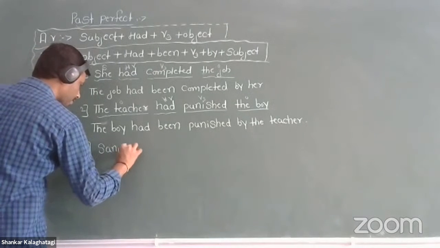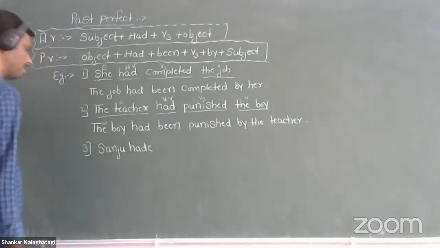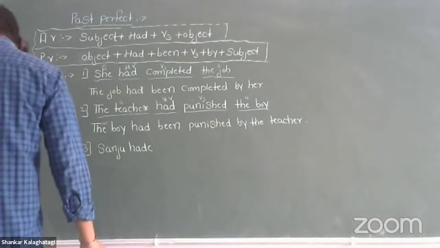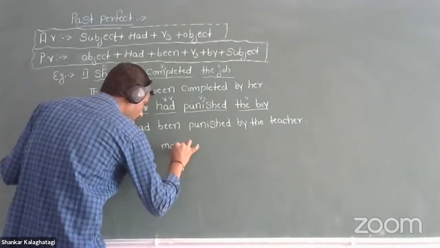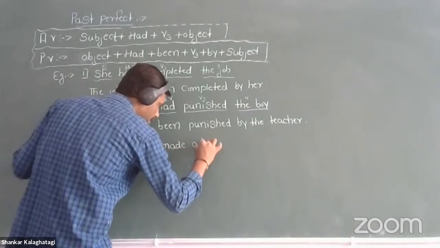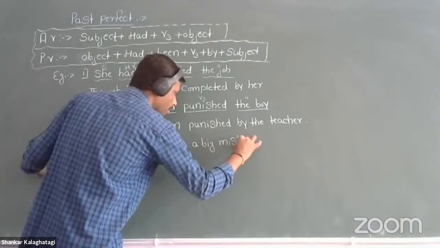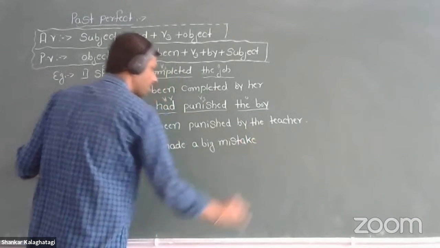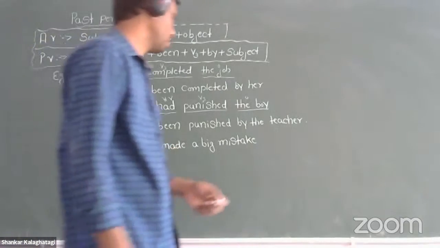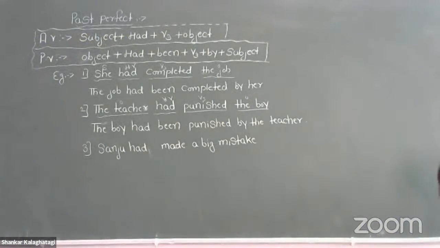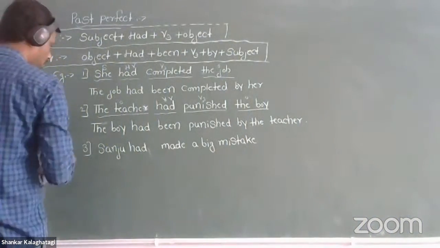Sanju had made a big mistake. Okay. Now break the sentence first.